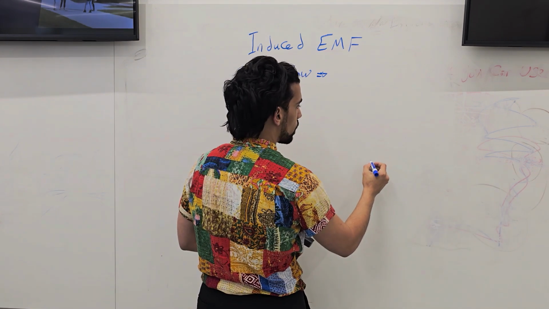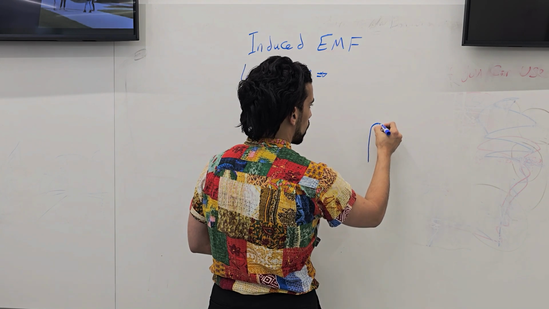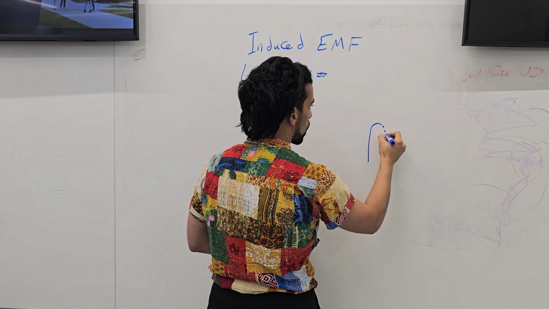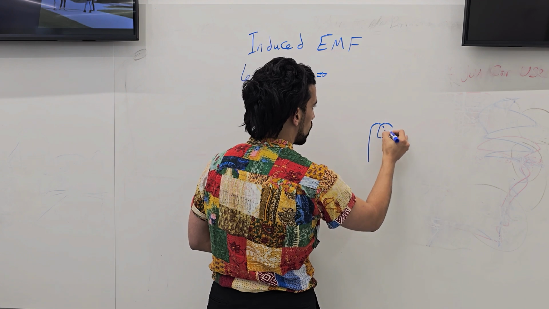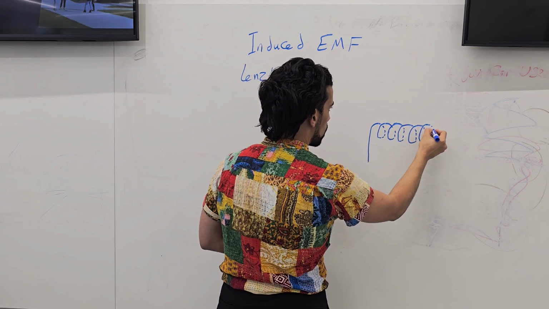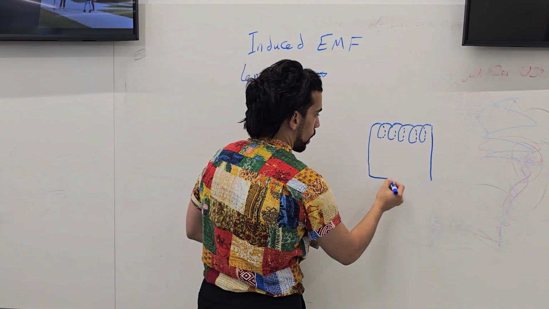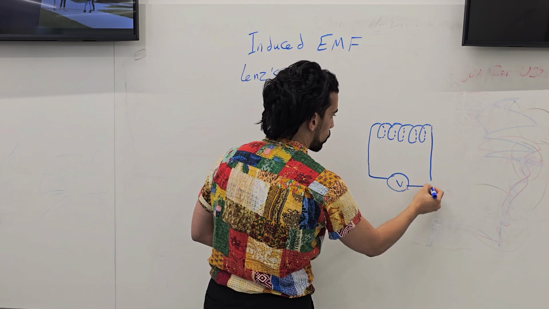So if we have a coil here, let's imagine the coil kind of this way. We have a voltmeter here, for example.